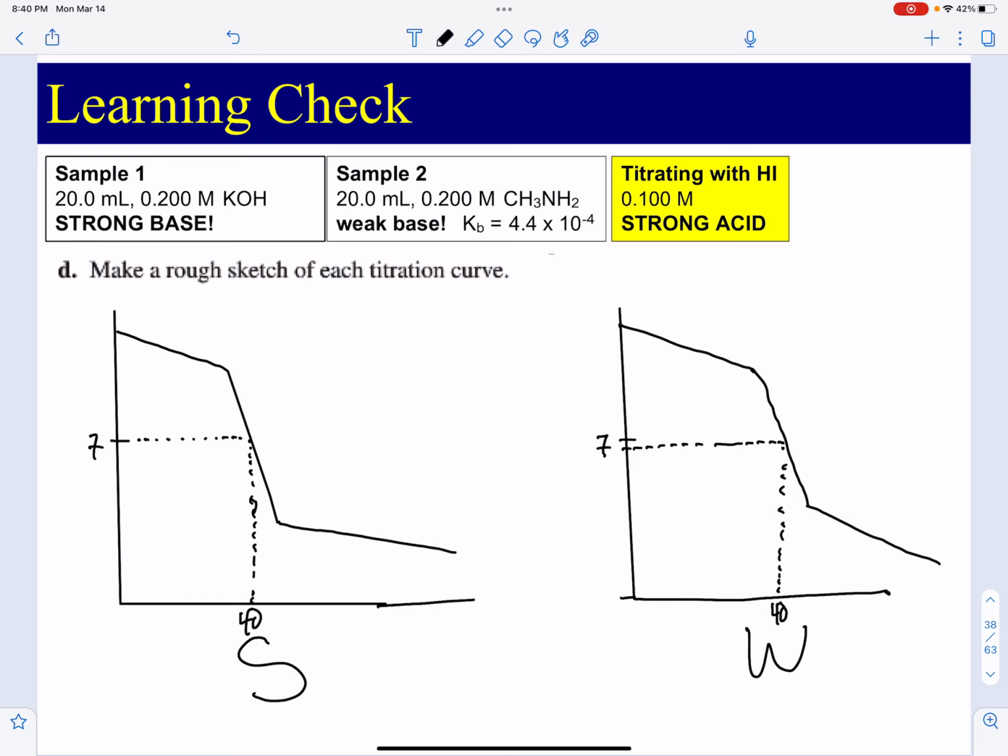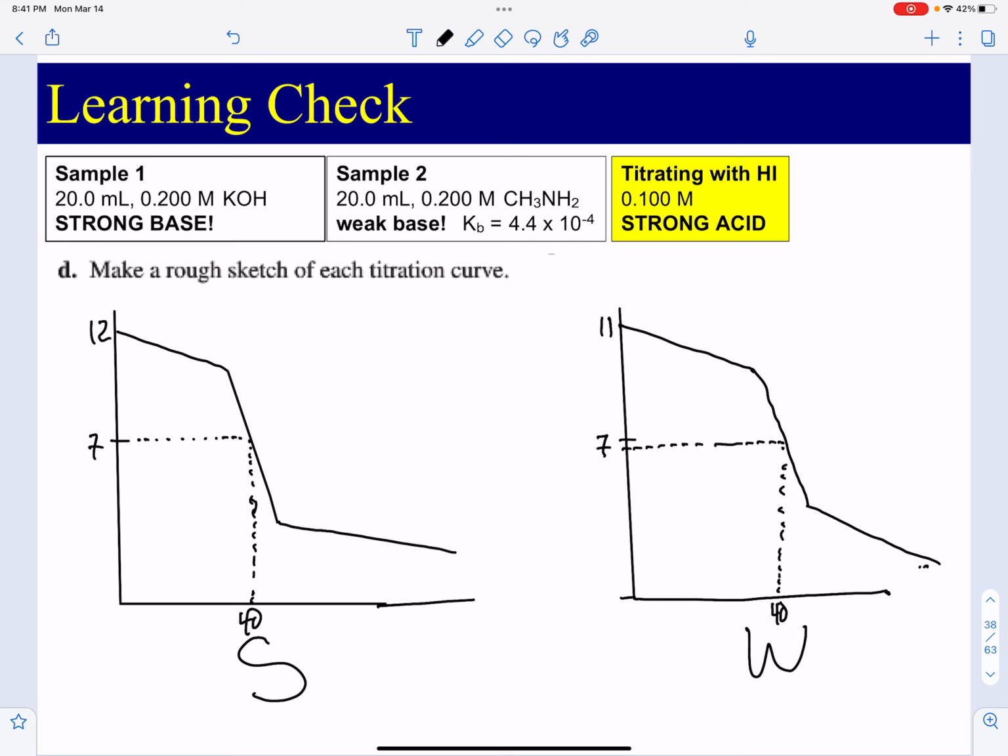And we also know that the one that has the lower initial pH is going to be the weak one. So this probably would be like a 12, and this probably could be like an 11. Because the weak one, we have the lower initial pH. It's going to be less basic than the strong base. And that's more or less how you do that.